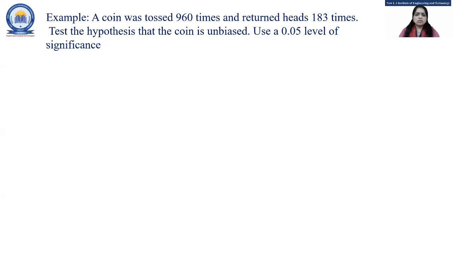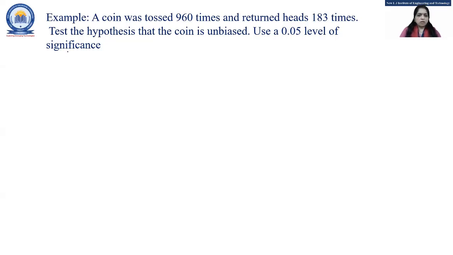A coin was tossed 960 times and returned head 183 times. Test the hypothesis that the coin is unbiased. Use 0.05 level of significance. So let's start the solution.